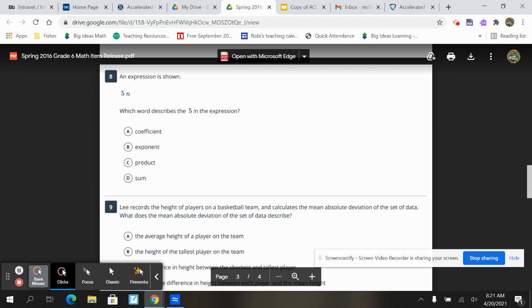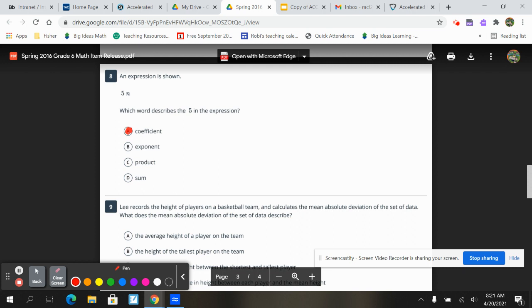You better not miss this. Zach? Right, it's the coefficient. The number before a variable is called a coefficient.